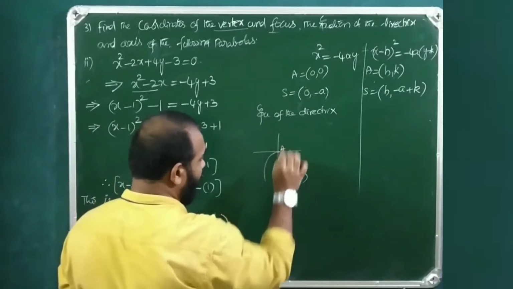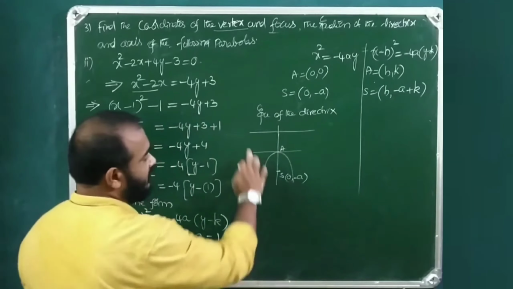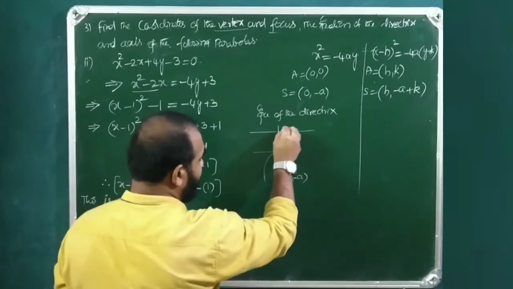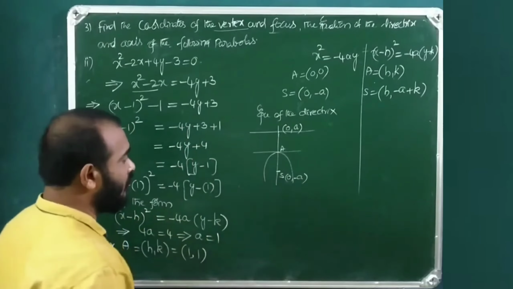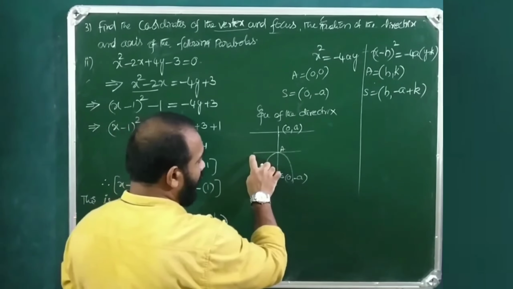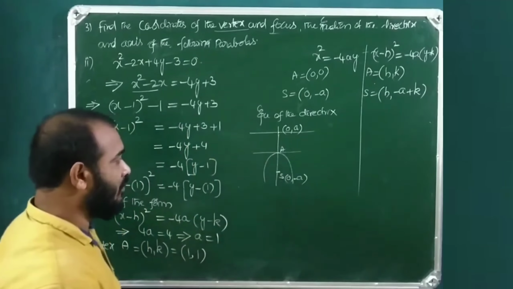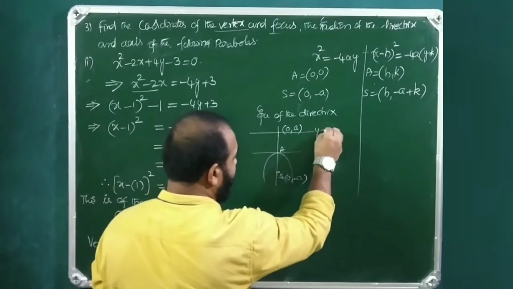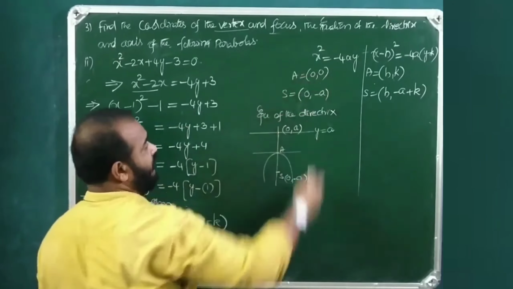Now this is our directrix. This is 0 comma plus a. Since this line is parallel to the x-axis, y equals something. So y equals a is the equation of the directrix for x square equals minus 4ay.